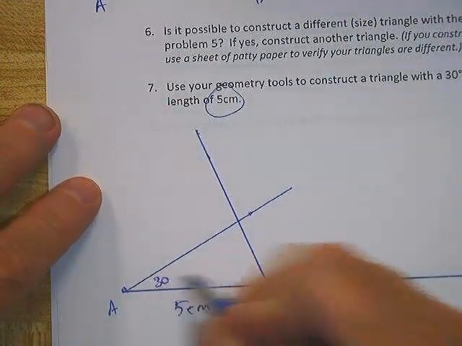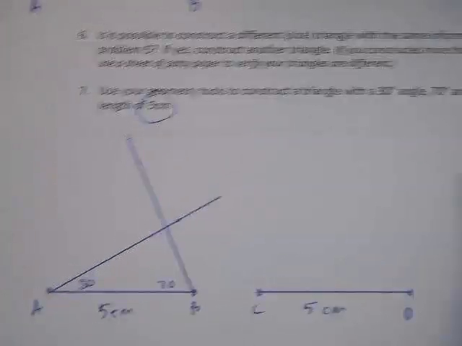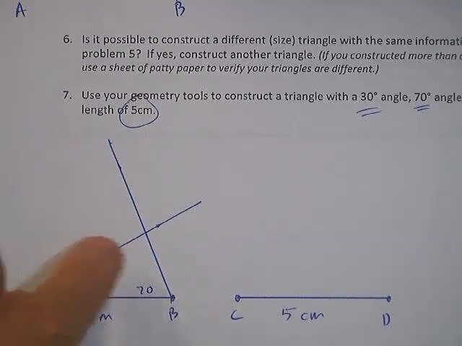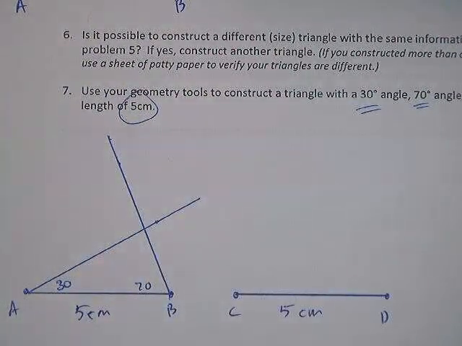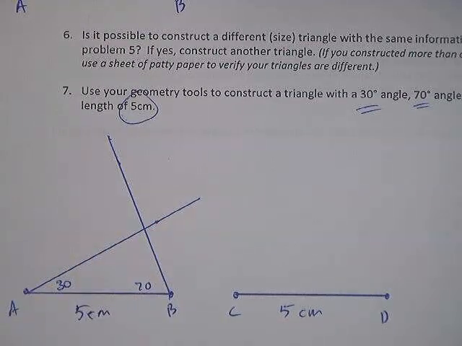So this is 30 on this side, 70 on this side, and then the 80, of course, is at the top. I only would recommend putting in the numbers that you're being asked to use. So even though this angle at the top we know is 80, it's not one of the three numbers that we're given. So is it possible to make the triangle a different shape, different size?